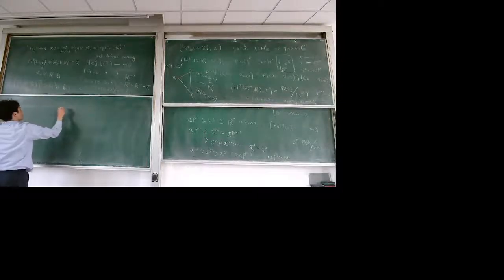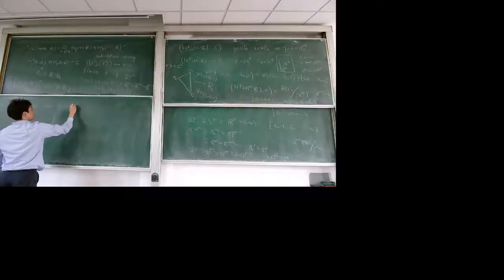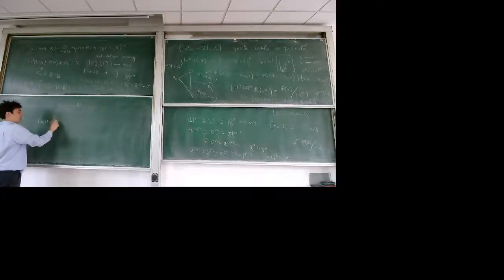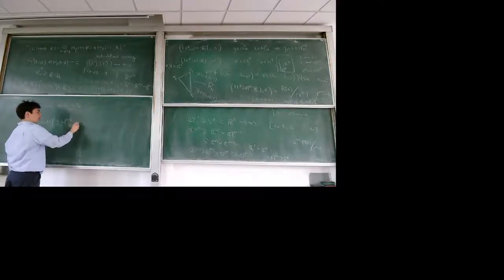So M is an oriented, closed, n-dimensional manifold. In the previous de Rham homology, we already have Poincare duality: H^k de Rham of M is isomorphic to the dual of H^(n-k).